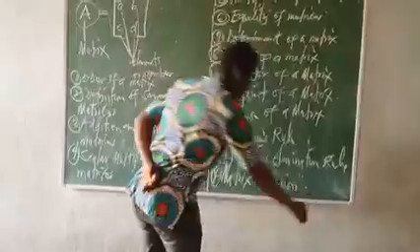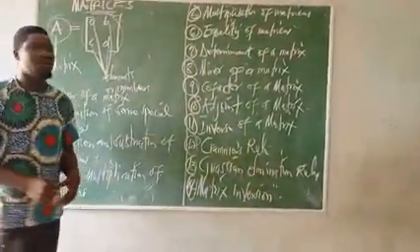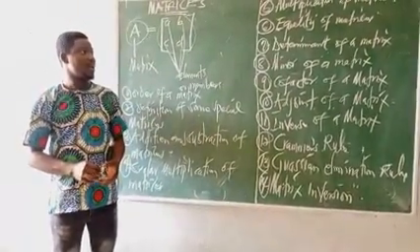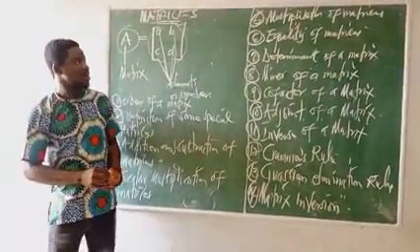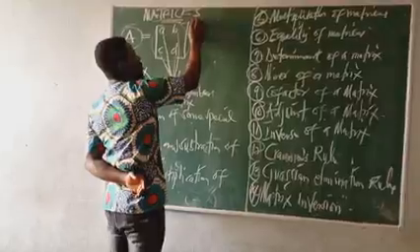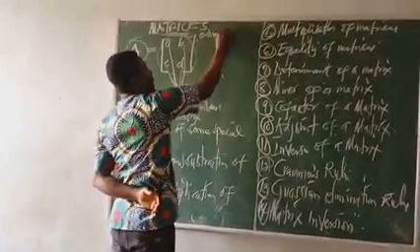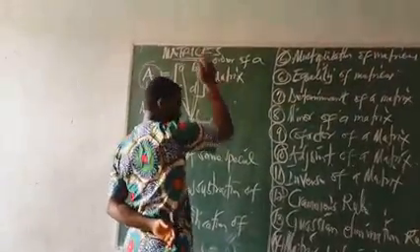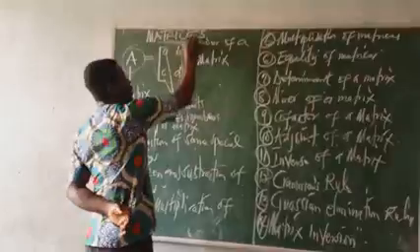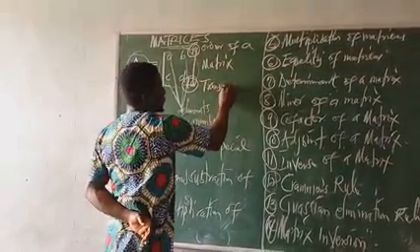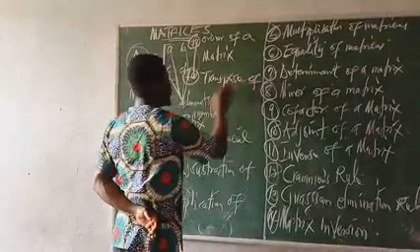So all these are what we'll be looking at in matrices. I forgot, I think we still have two left. I think we also talk about order of a matrix. That is number 15. Then lastly, we look at transpose of a matrix.